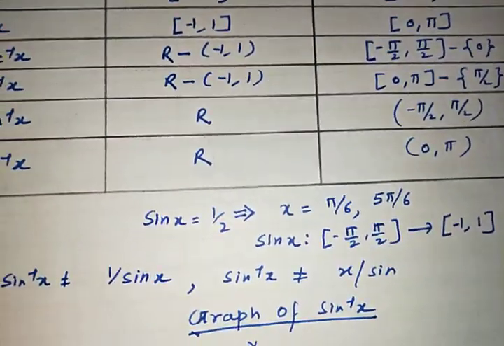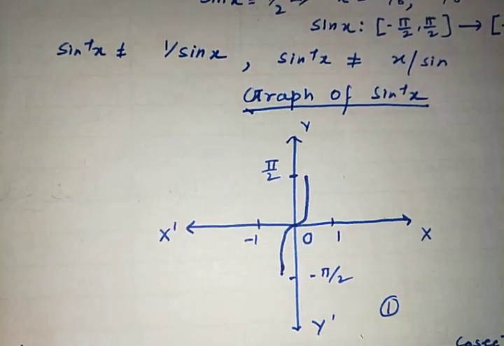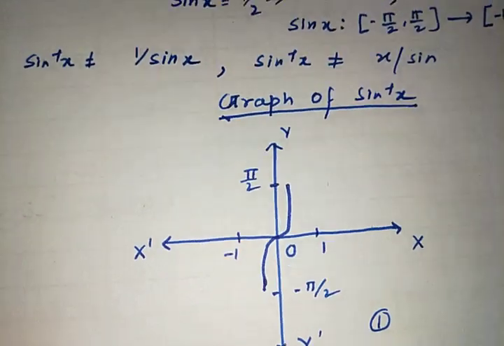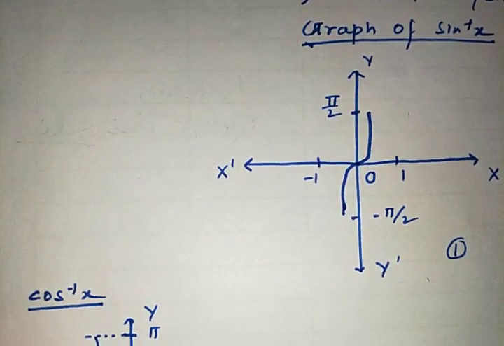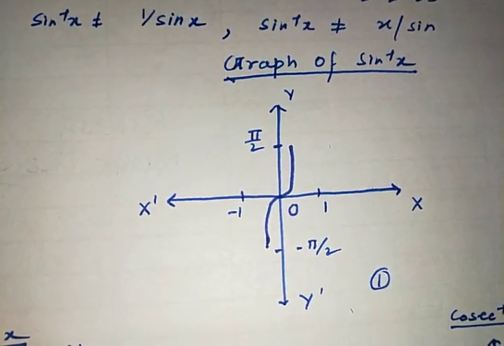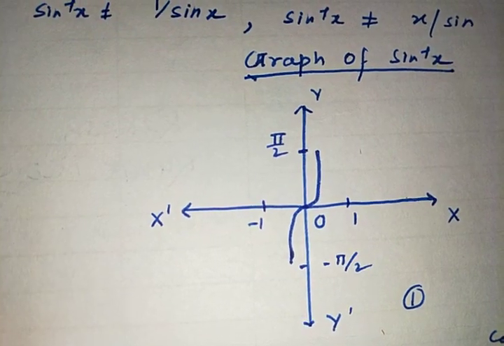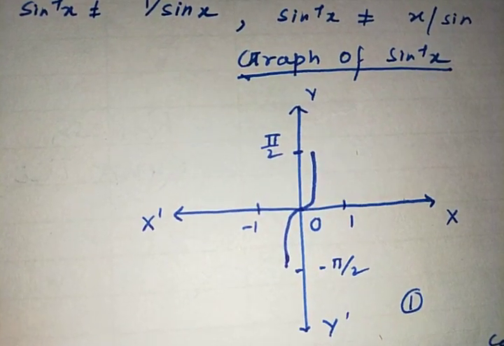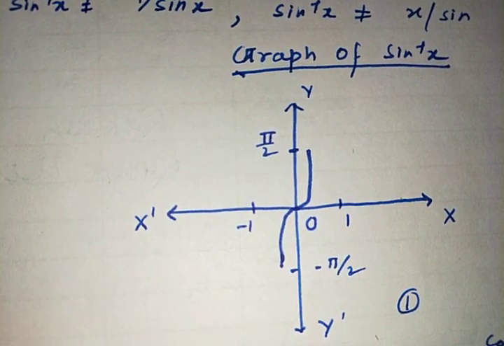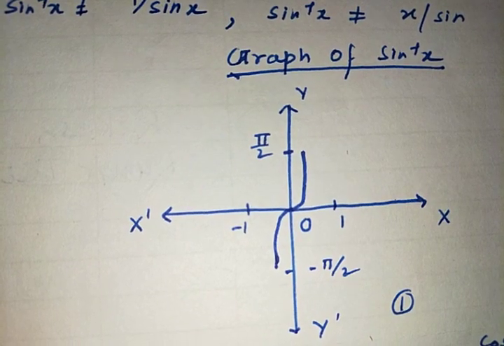Now children, I want to show you the graphs of sine inverse x, cos inverse x, tan inverse x, cot inverse x, sec inverse x, and cosec inverse x. First graph is sine inverse x. If you recall, the graph of sine x was formed on the x-axis, whereas this graph is formed on the y-axis.